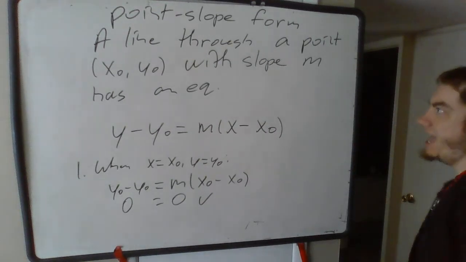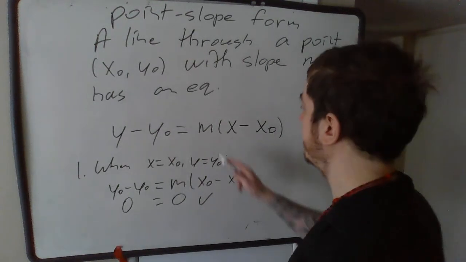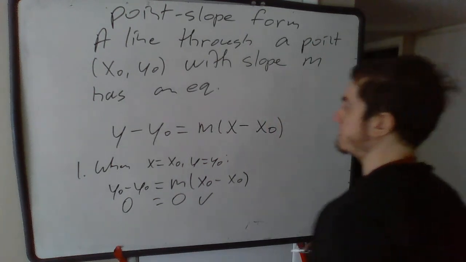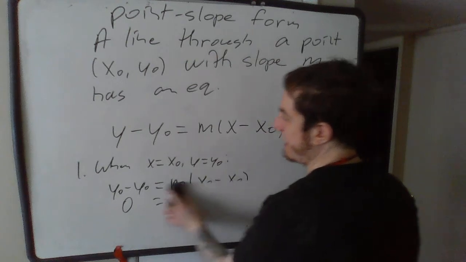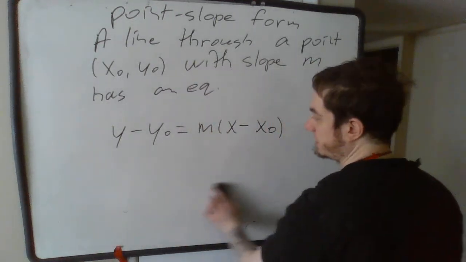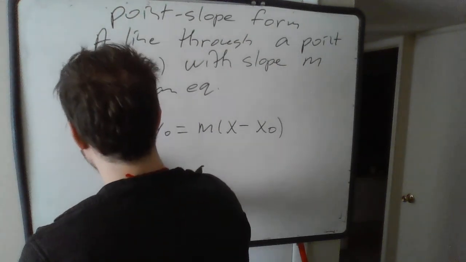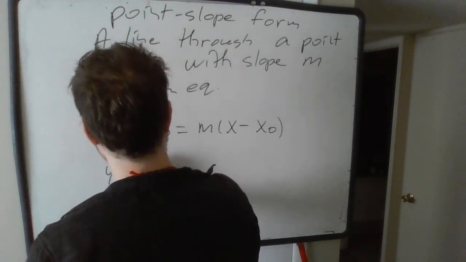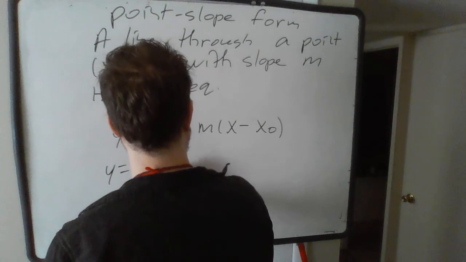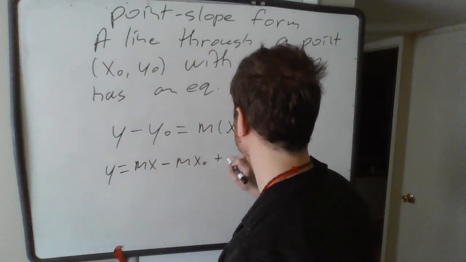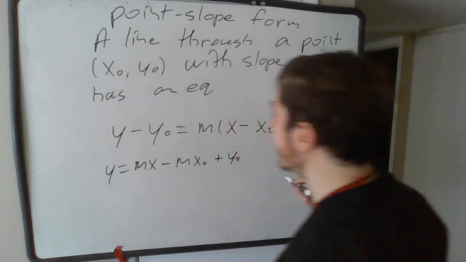So that's good. And then we want to see that this actually does in fact have a slope of m. Well, there's a few different ways of showing that, but to see that the slope is really m, we can rewrite this as y equals mx minus mx0 plus y0.